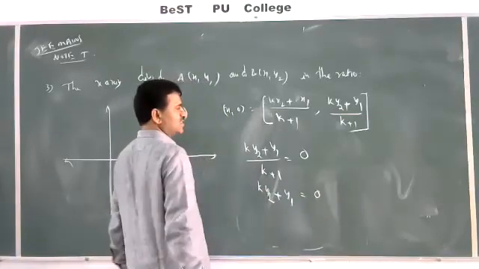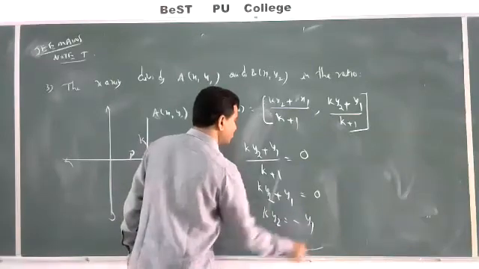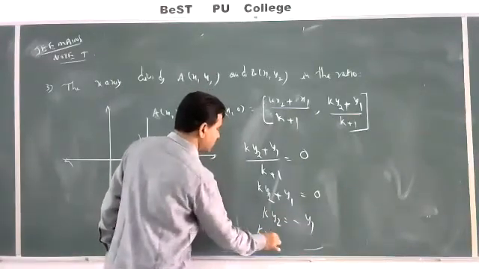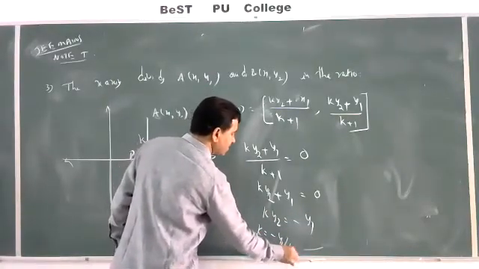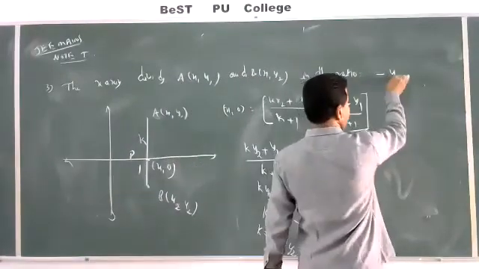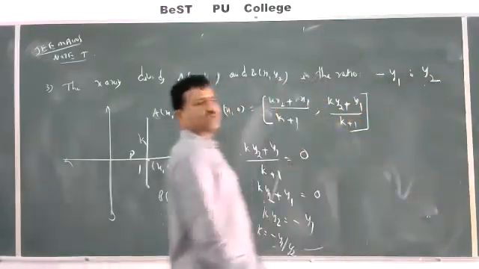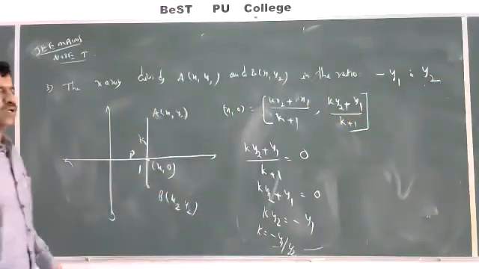Find the k value, that's all. k y2 is equal to minus y1. So what is the answer? Minus y1 by y2. That means the answer is minus y1 is to y2. Within seconds you can answer it.